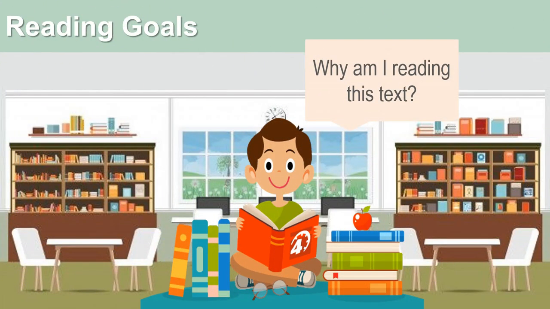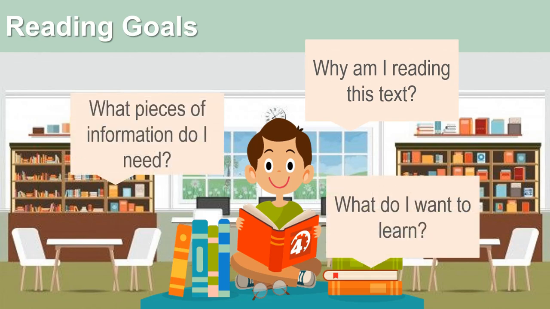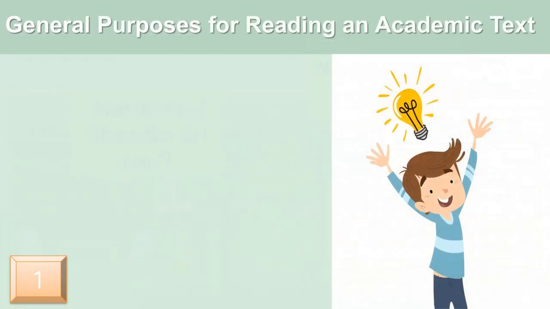Some of the things that you can ask before reading are the following. Why am I reading this text? What pieces of information do I need? And lastly, what do I want to learn? So by asking these questions, at least you'll be guided as to why you are reading a certain text. Now let's proceed to the general purposes for reading an academic text.